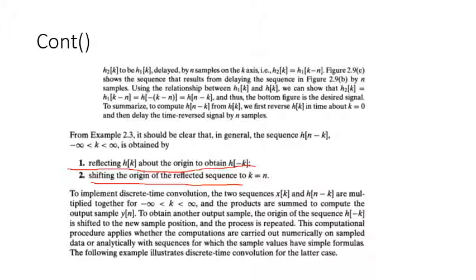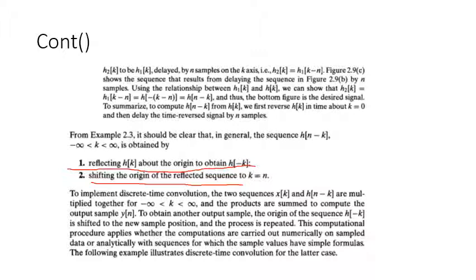Let me briefly tell you how many intervals we have. If both signals are finite, meaning x of n and h of n are finite, then we have regions: number one no overlapping, number two partial overlapping, number three full overlapping, then partial, and finally no overlapping.